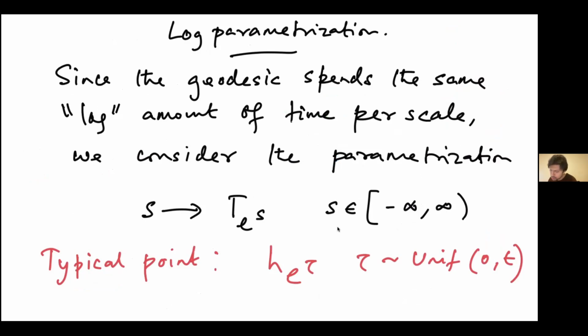So gamma e power s is the point on the geodesic whose chemical distance from the origin is e power s. This parameterizes the geodesic in a way so that if you look at exponentially growing scales, it spends an equal amount of time per scale.